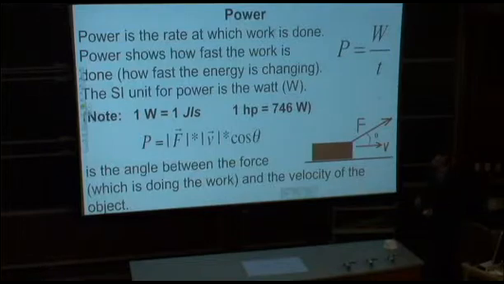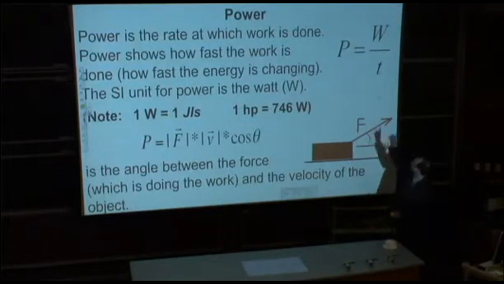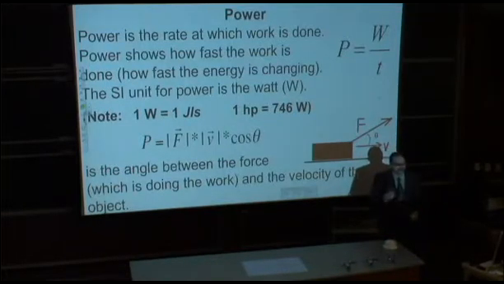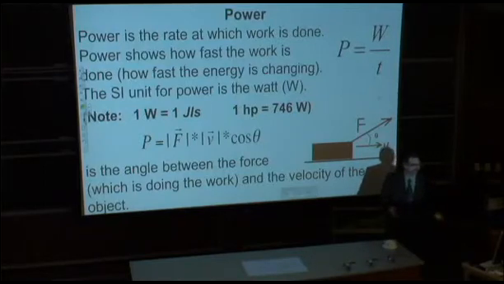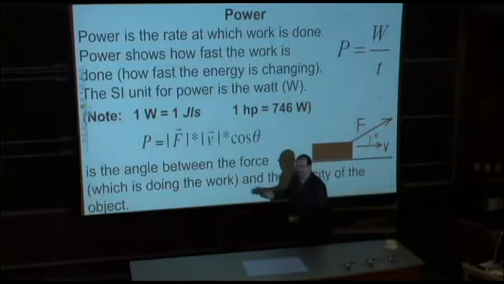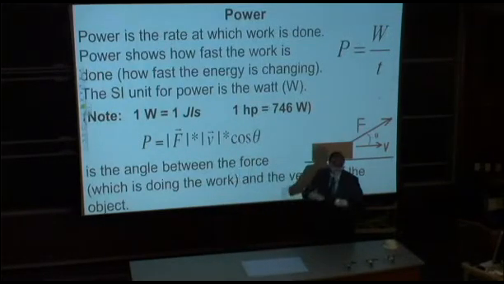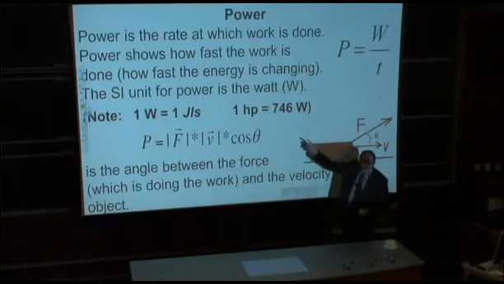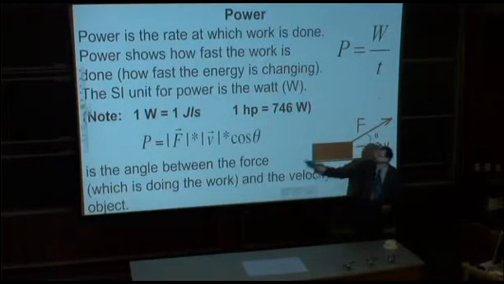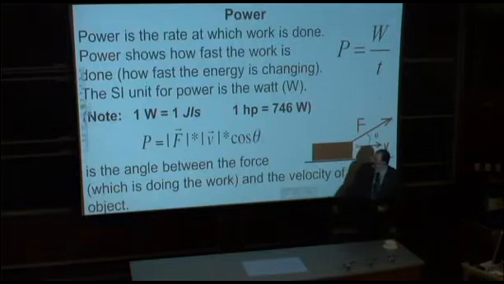One more definition, power. Power is work which is being done every second. That's it. A standard unit of power is watt, which is a joule per second. But in real life, people very often use horsepower. Horsepower is just 746 watts.